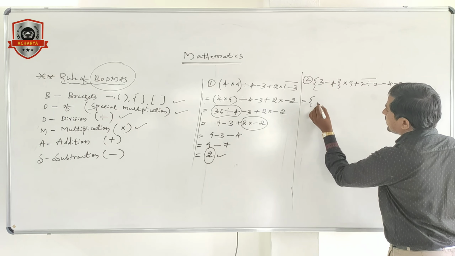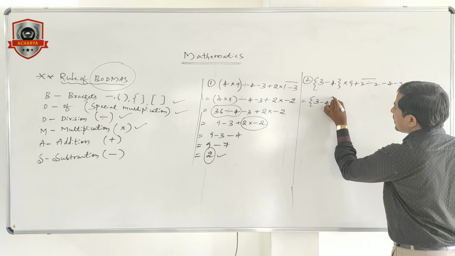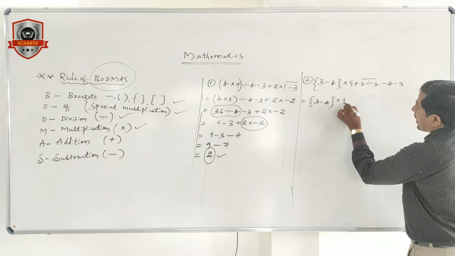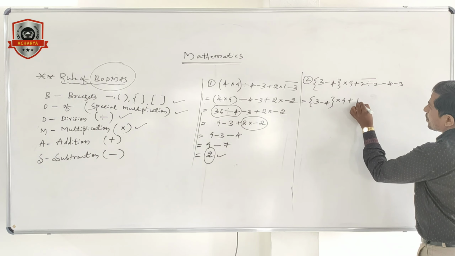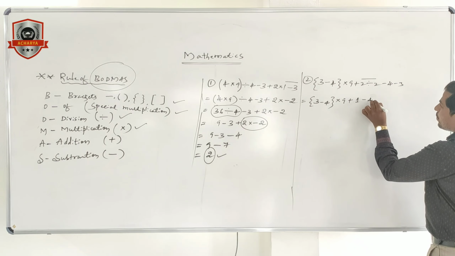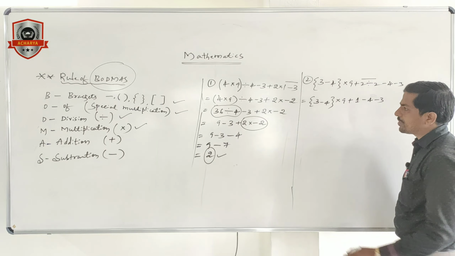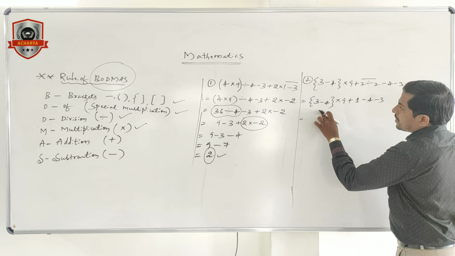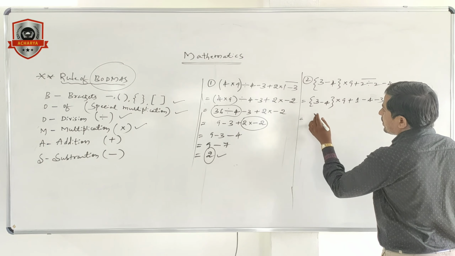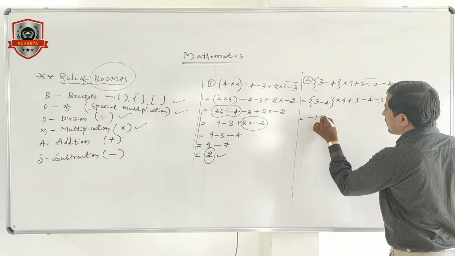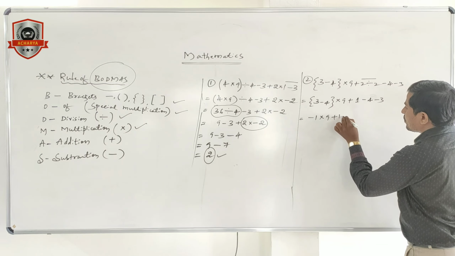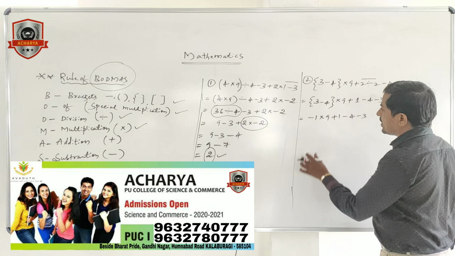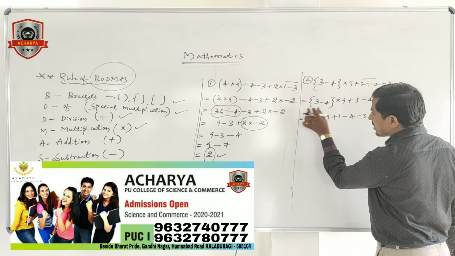So remaining written as it is: 3 minus 4 into 9 plus, as it is, 2 by 2 is what? 1, minus 4 minus 3 as it is. What is the next bracket? This one, curly. 3 minus 4 is what? Minus 1 into 9 plus 1 minus 4 minus 3 as it is. I solved inside the brackets.